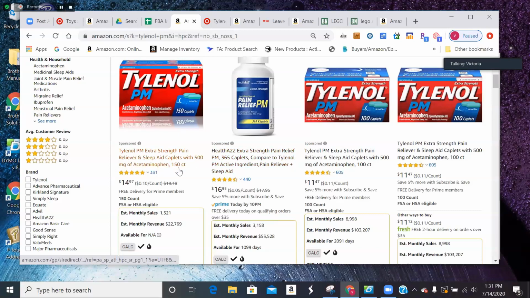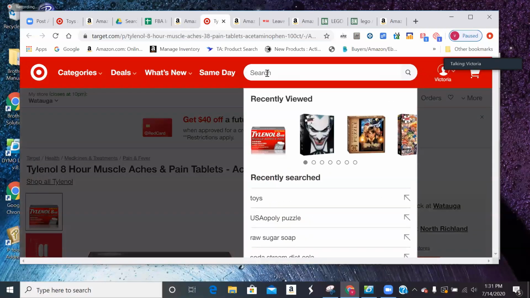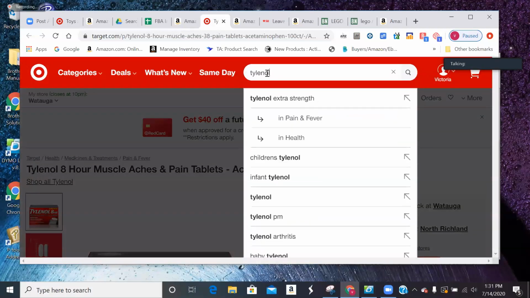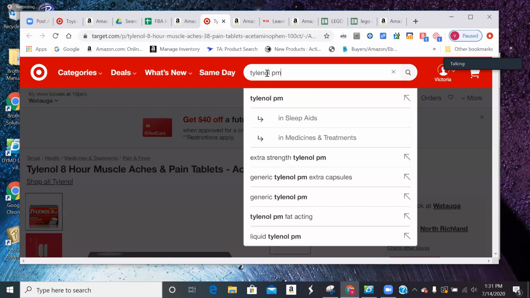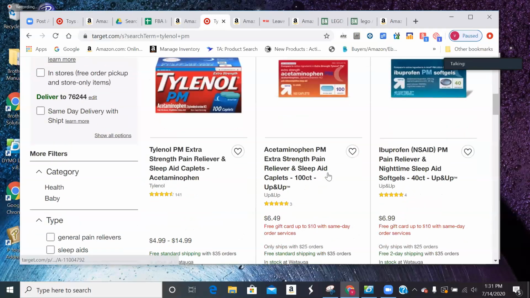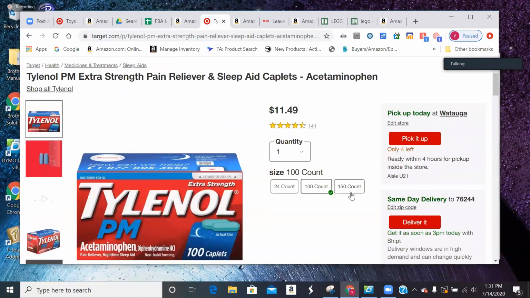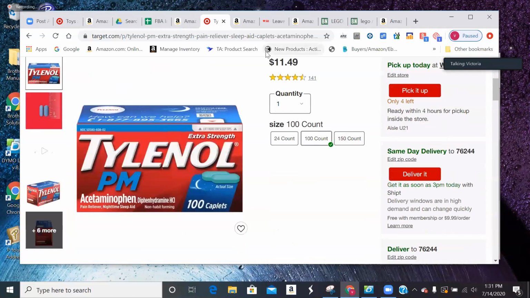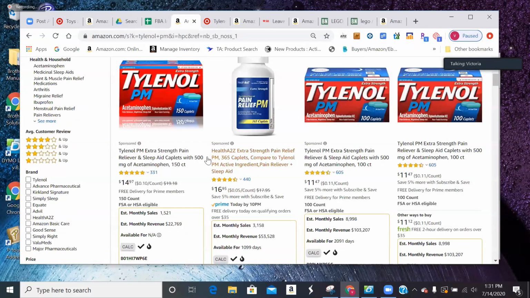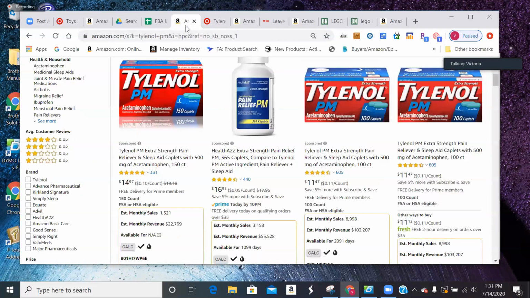So 500 PM, go back to Target. It was 500? No, 150. Same price.